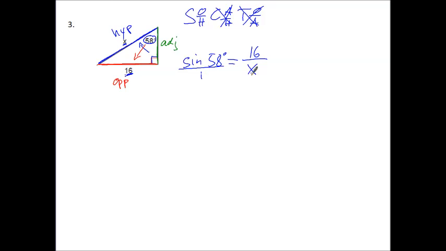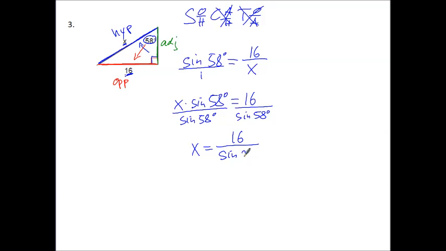Sine of 58 degrees times x is equal to 16 times 1. And now divide by the sine of 58 degrees on both sides. x is equal to 16 over the sine of 58 degrees.